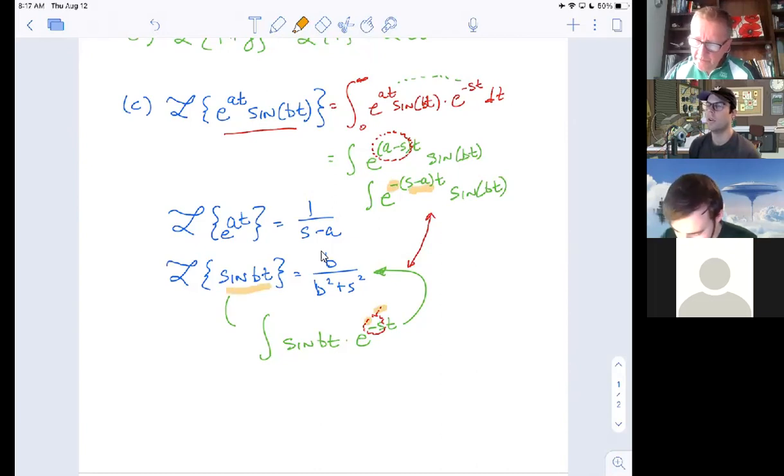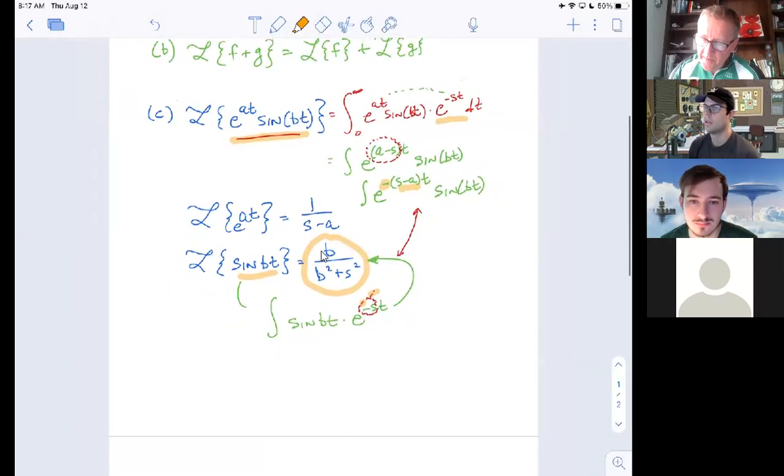So here, when this was just sine of bt, I got this as my answer. And up here, since this had an e in it, whenever you have e to the junk as a part of it, all you really have to do is switch out s for s minus a. In other words, the final conclusion of this is this statement right here.